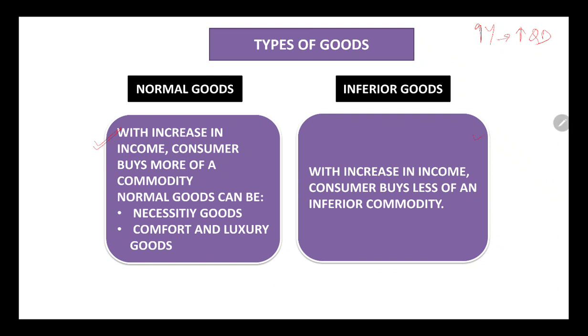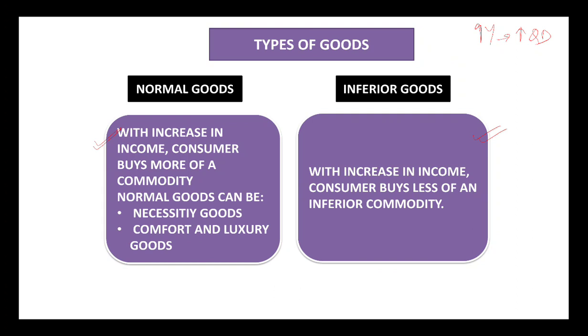And when your income is increasing, let's say, we have a lot of varieties of rice, basmati rice and a little lower grade variety. When your income was low, you were purchasing a low quality rice, but as your income increased, you thought, now my income level has increased, I would like to have a better quality of rice, and I would rather like to have the basmati rice now.